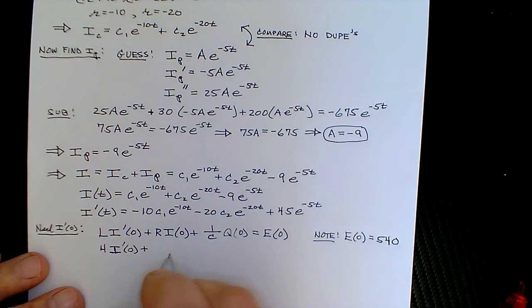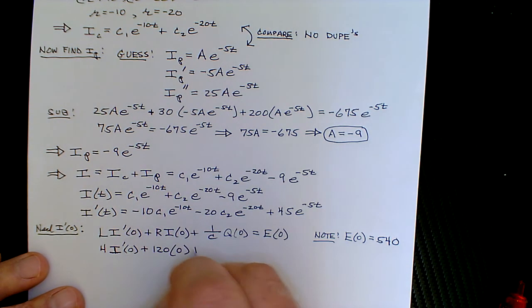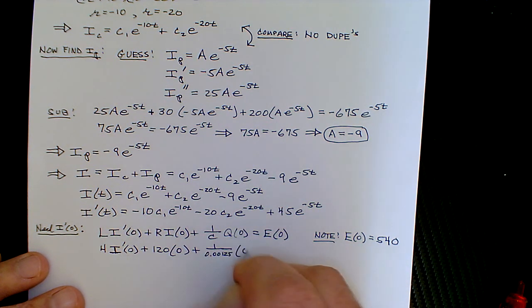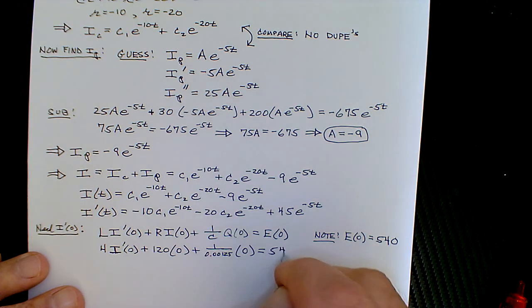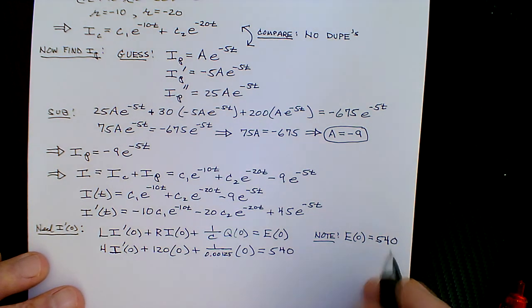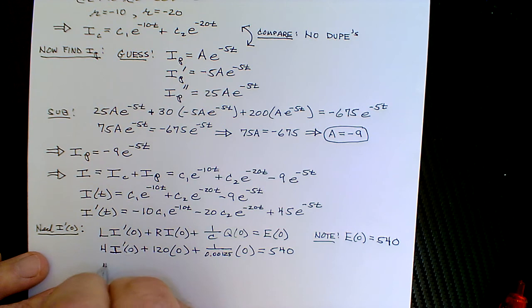So I'll show 120 times 0 is I of 0, plus 1 over c, the point 00125, Q of 0, that's 0 again, equals the E of 0, which, very important, note, it was 540. So therefore we get 4 I prime of 0 is 540.